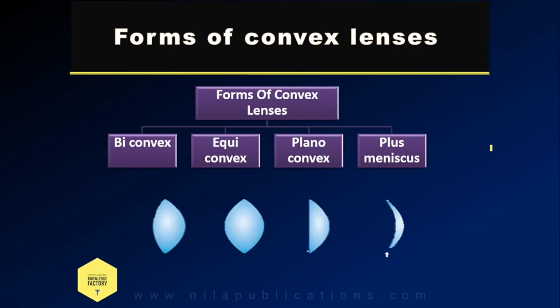Second, equiconvex, is a subtype of biconvex in which both surfaces have equal power. Then plano-convex, in which one surface is plano or with zero power and all the power of the lens is contributed by the other convex surface. Then plus meniscus, in which one surface is convex and the other surface is concave, and the power of the convex surface is greater than that of the concave surface.